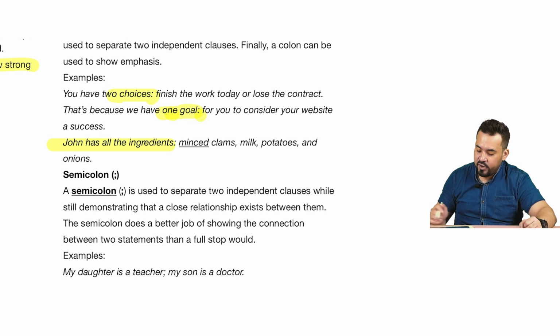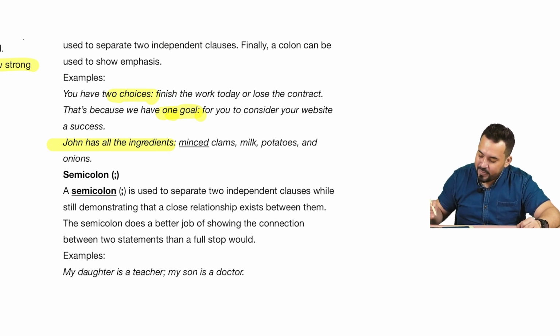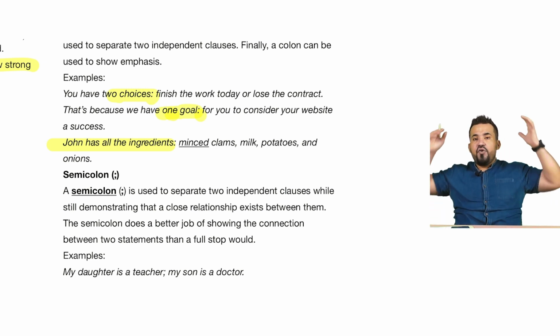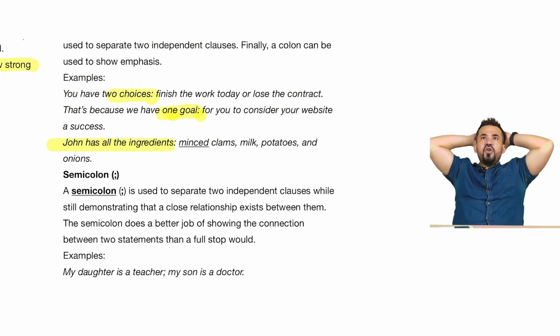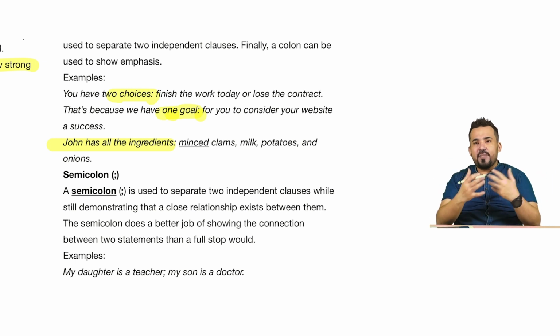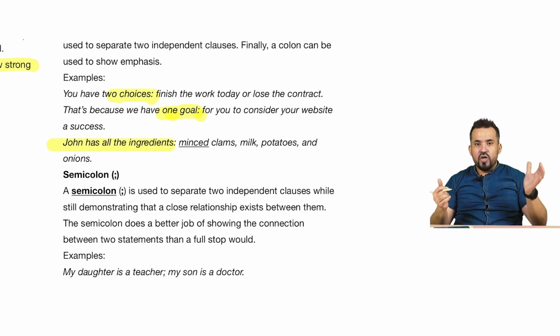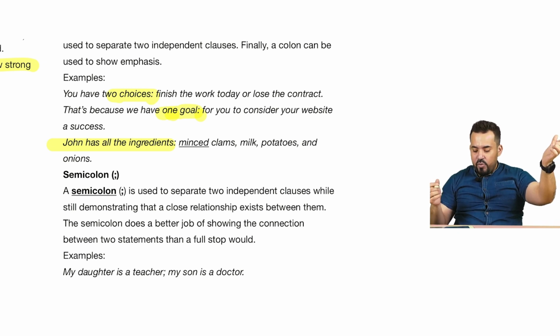Okay, now a semicolon is used to separate two independent clauses while still demonstrating that a close relationship exists between them. So instead of a conjunction, we can use a semicolon.